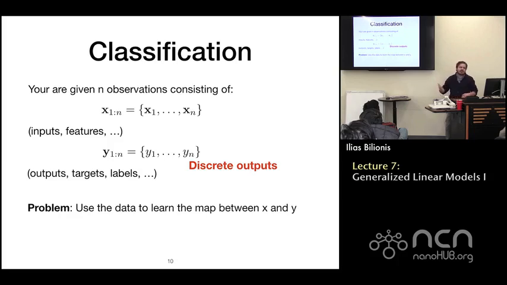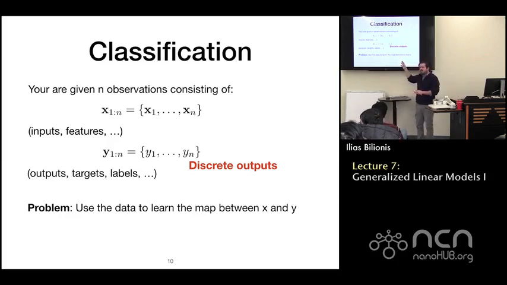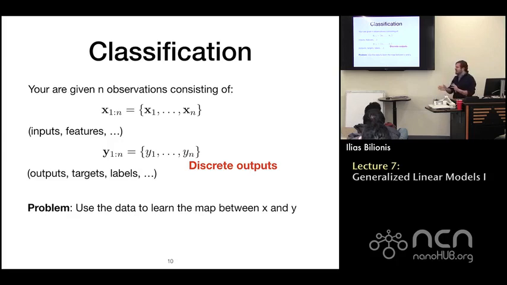We look at generalized models for solving regression problems, but you could extend or modify them to apply them to classification problems. Classification is a little bit more difficult because it breaks down the linearity of things, and you get a mathematical problem that is a little bit more involved. But in principle, the principle is exactly the same.